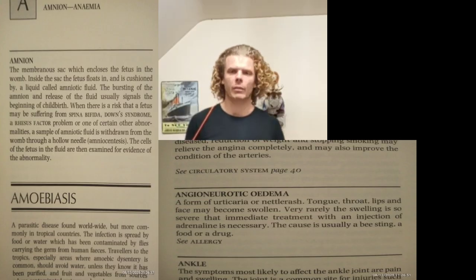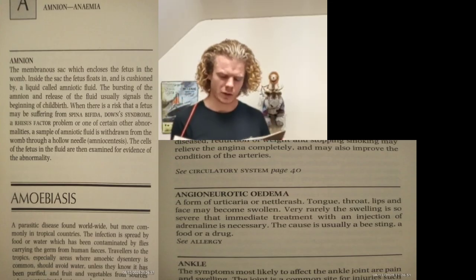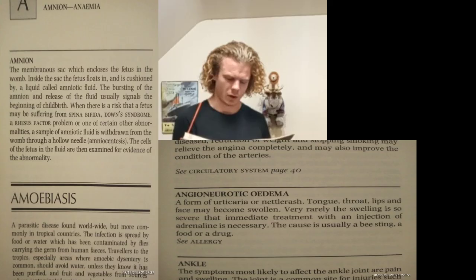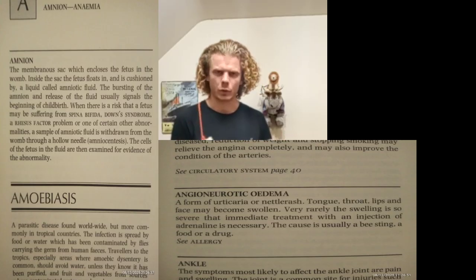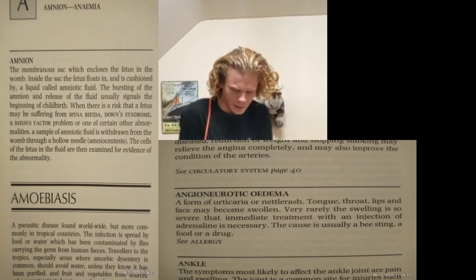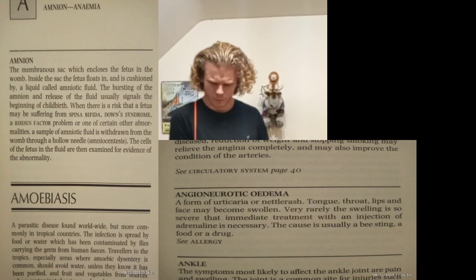Now, this is not much information, so we can do the presentation right now, but the question is, do we include this information that angioneurotic oedema is a form of urticaria or nettle rash? Urticaria. I wouldn't do it because I don't know what it is, but let's look if it is in this book. Nettle rash. Nephritis.